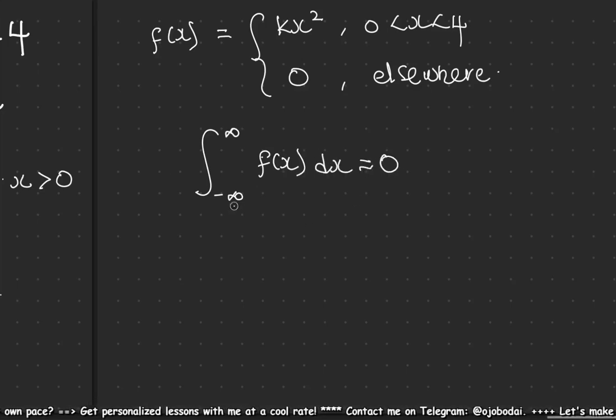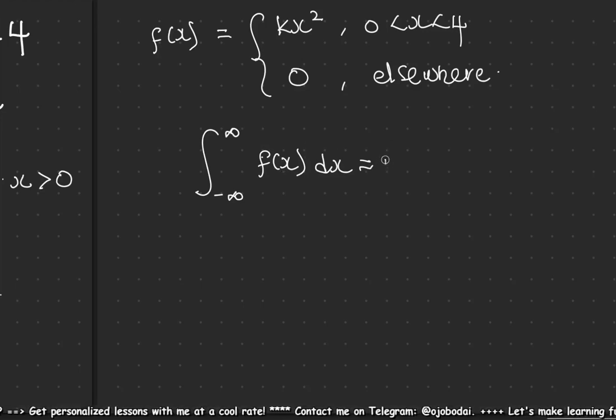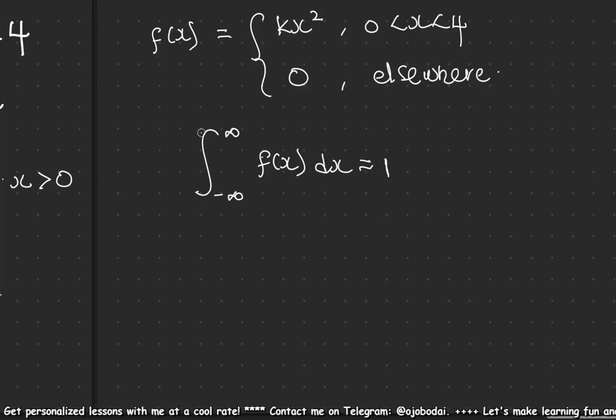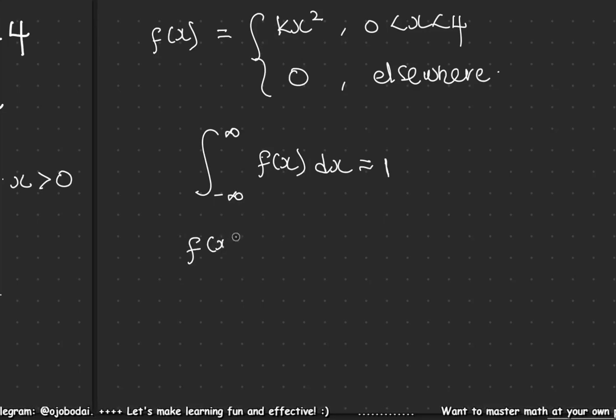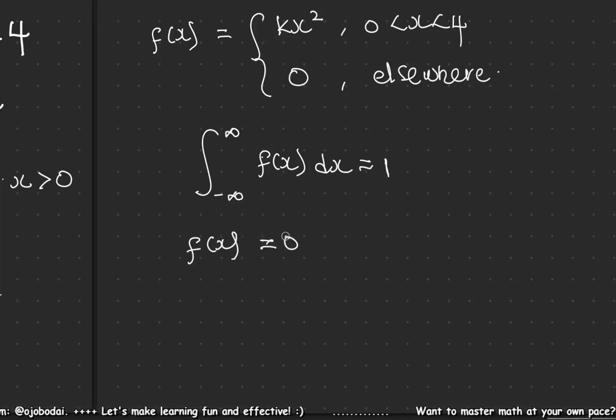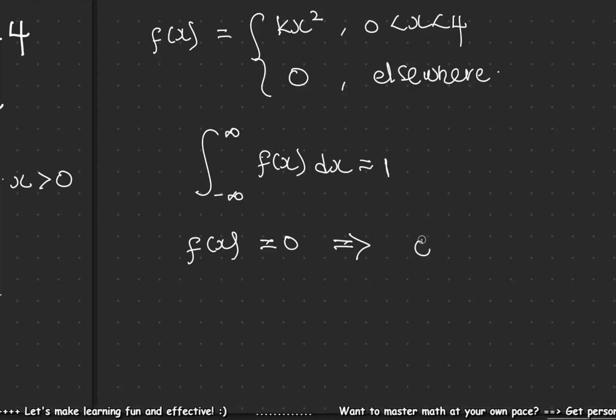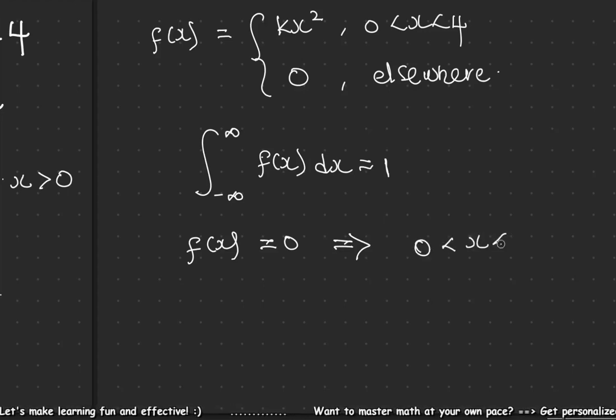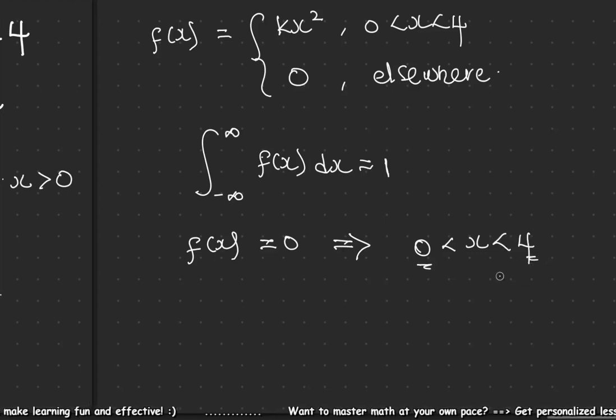What this means is, if we find the integral of the function with these limits, we should get an answer which is equal to 1. Since we know that f of x is equal to 0 for any number outside our range, it implies that we are only going to work on this range over here. This will be our lower limit, whilst this is our upper limit.